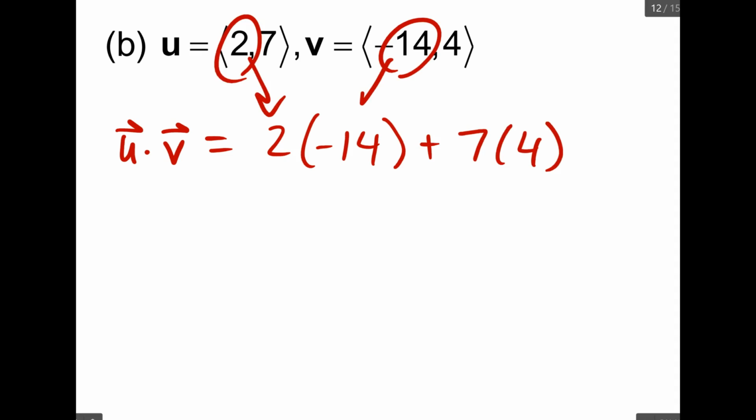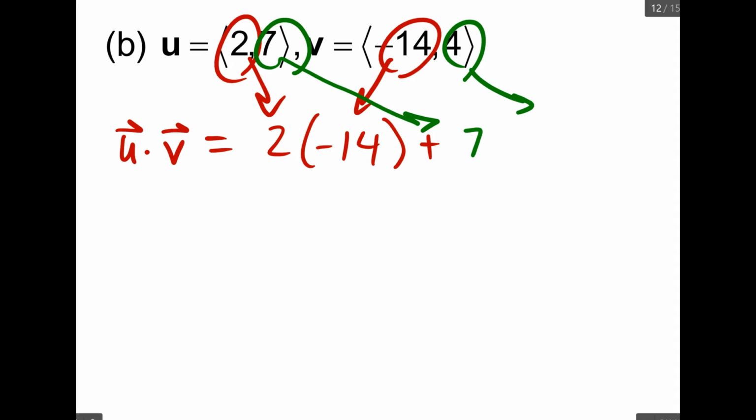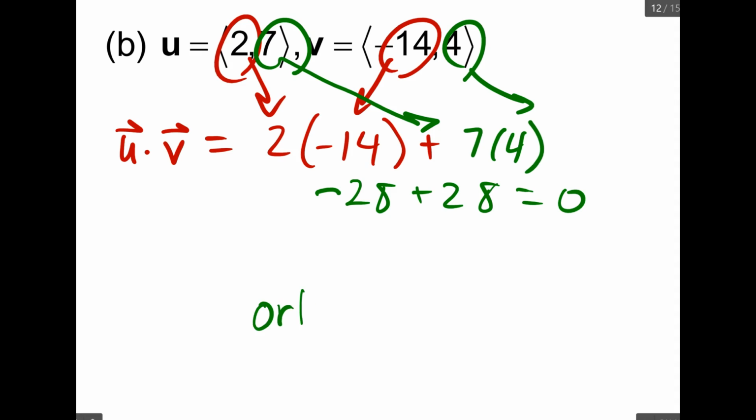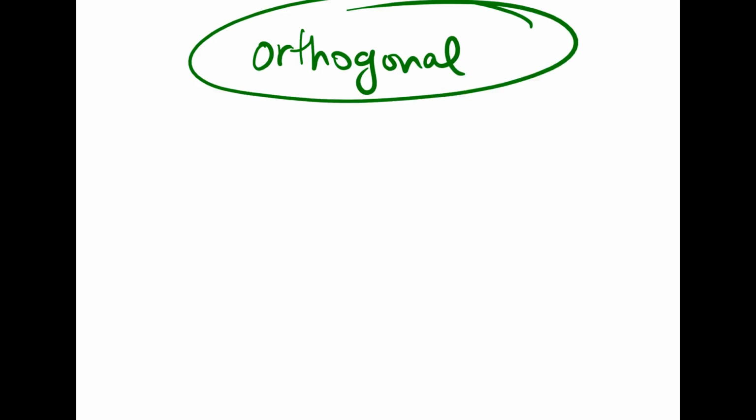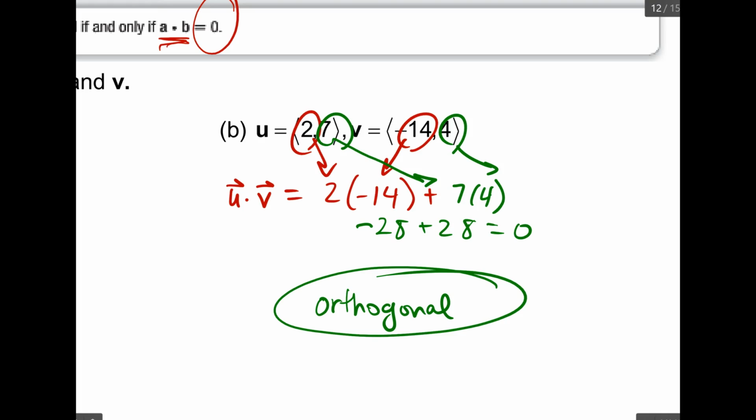The first ones are multiplied, and the second ones are multiplied together. So we have -28 plus 28, that's equal to 0. So if the dot product is 0, they're going to be orthogonal. Orthogonal means perpendicular. Okay. So let's go through the properties of the dot product.